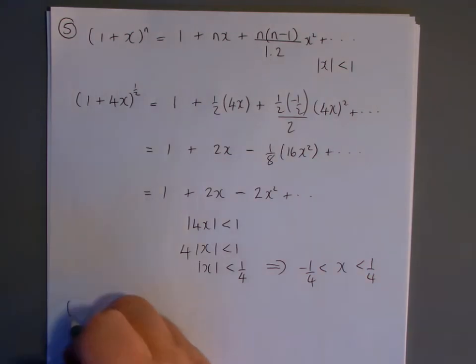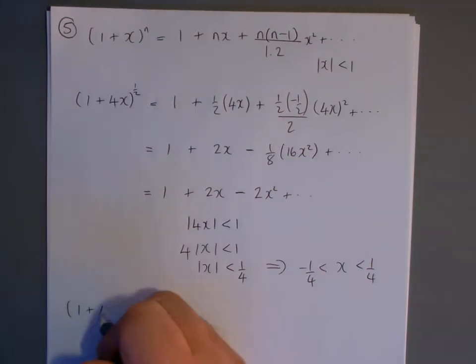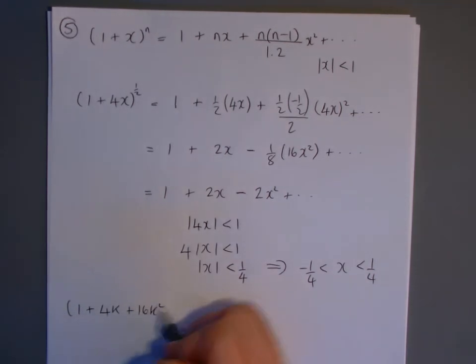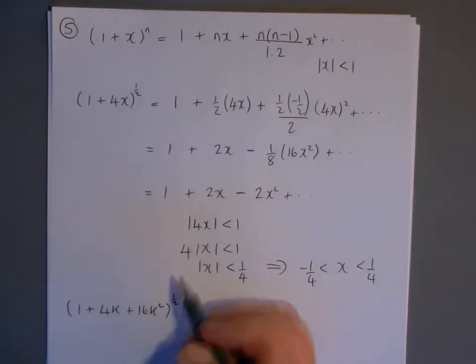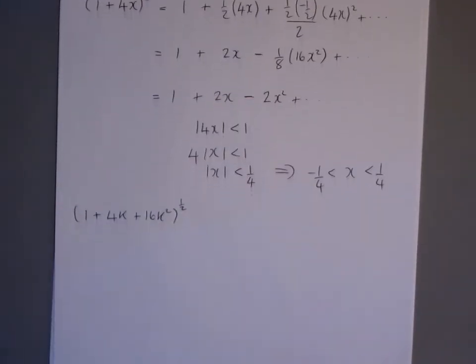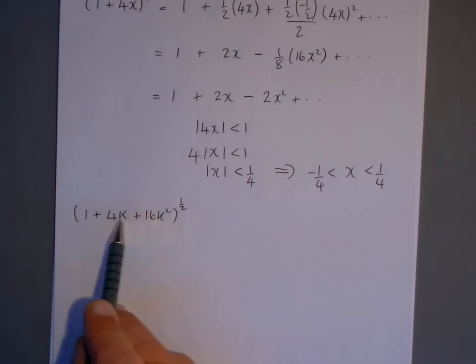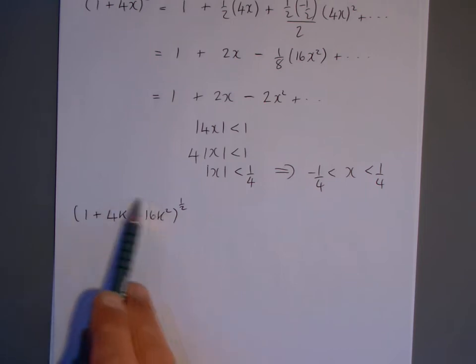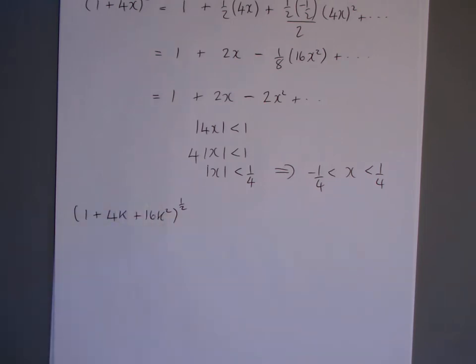So if I write this down, notice 4k plus 16k squared. What's really nice about this is that we've got a common factor of 4 in these 2 terms. So what we can do is try and make this to be like 1 term and factorize it.